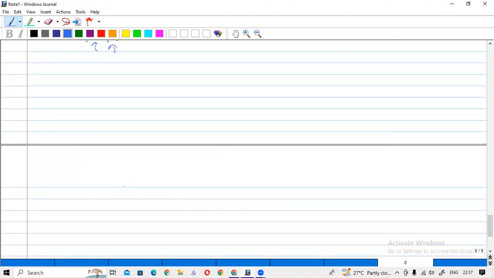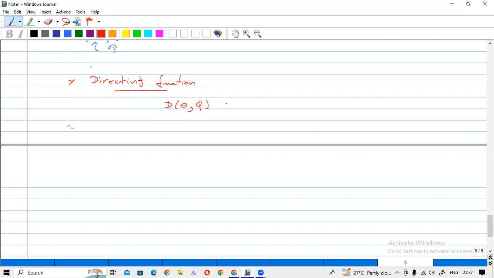Now there is another parameter, that is called the directivity. And before the directivity, we define another one that is called the directivity function. The directivity function is also a function of theta and phi.